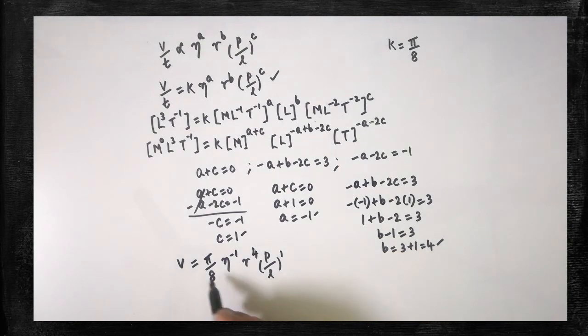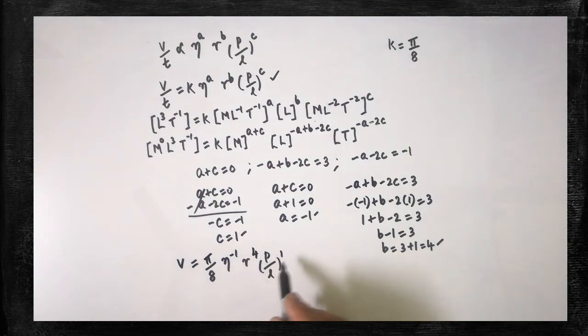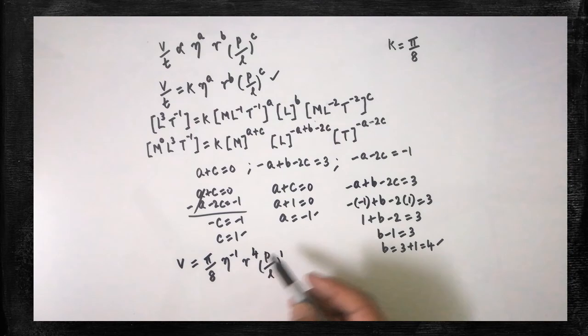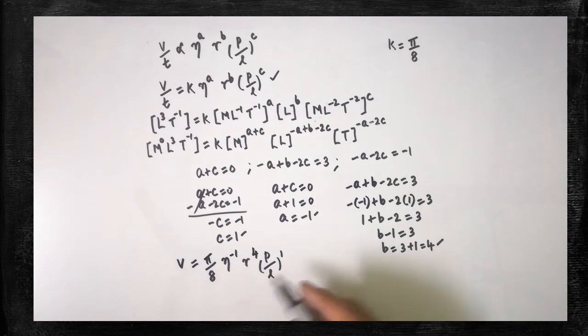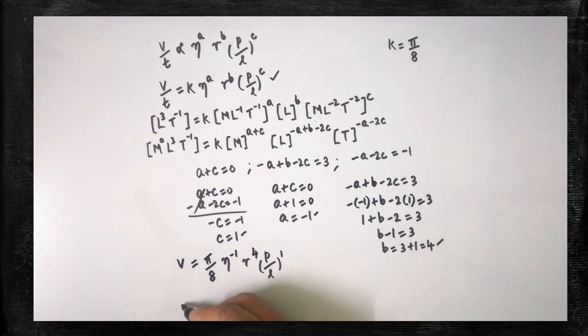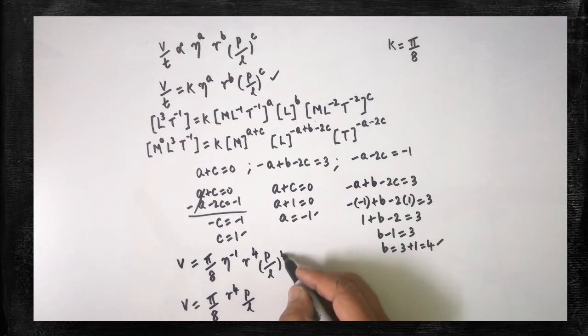By using these notations, by using these powers, we can rearrange the equation. Since minus 1 is there, the coefficient of viscosity factor should be brought down. Are you clear? So in the next step, how can I write? V is equal to pi by 8 and then r to the power of 4 retained in the numerator. P by L can be written as it is because it is a power of 1.